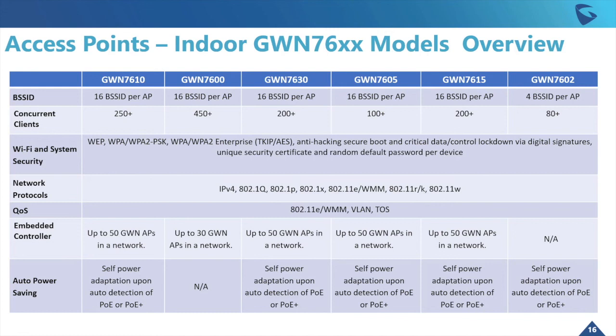The main difference between PoE and PoE Plus is the amount of power delivered over each standard, depending on which switch you are using. So all the access points can self-adapt to the amount of power provided by the PoE switch.